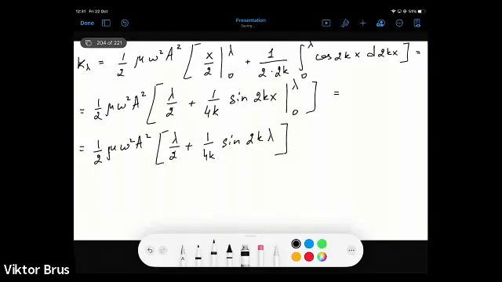Okay. Any idea what this sine 2k times lambda will be equal to? Do you have some suggestions?